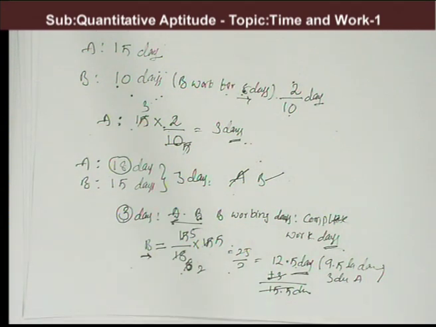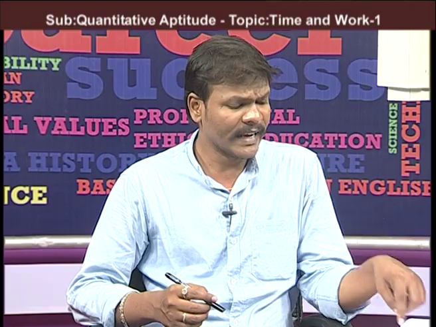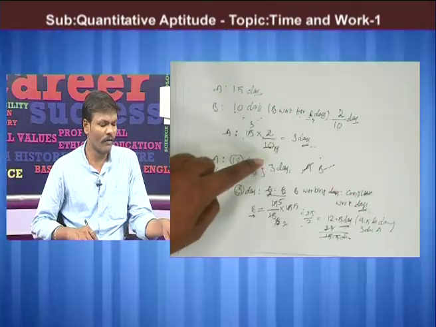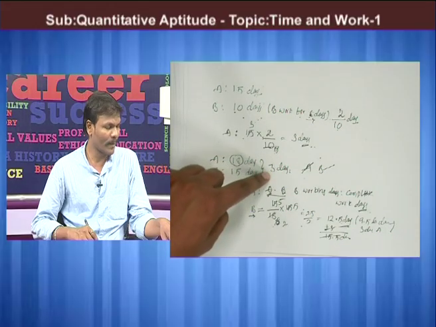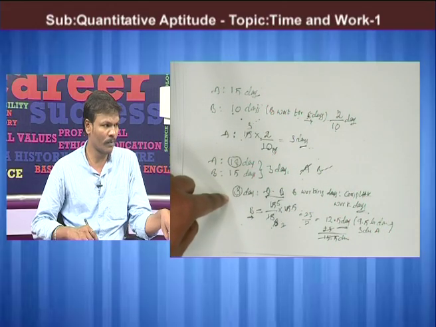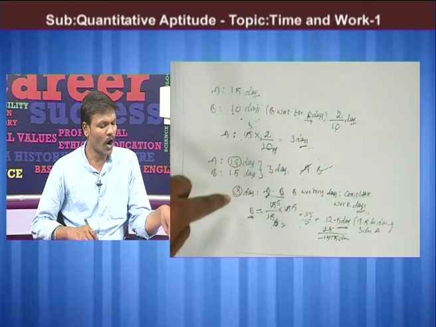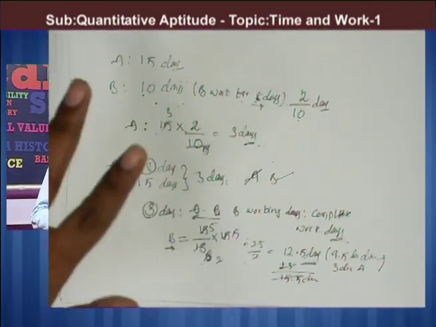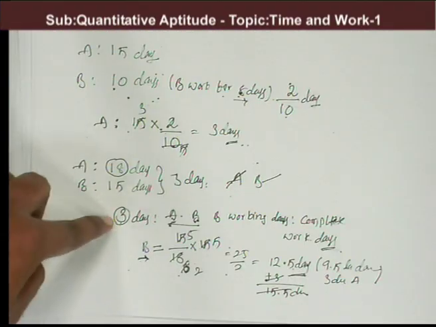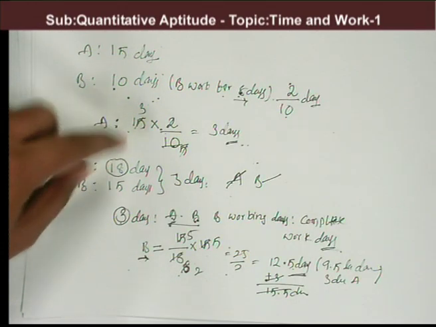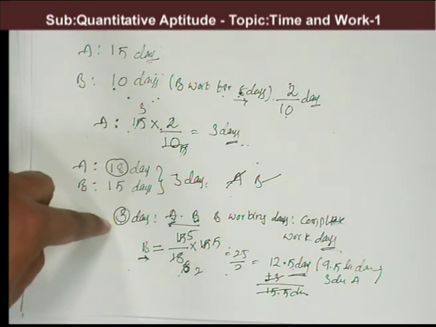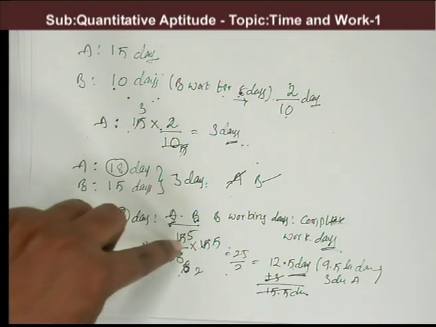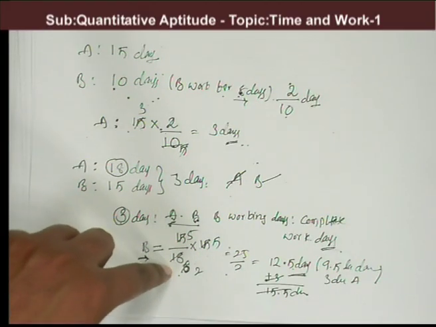So, in this question A left the job after 3 days, having started working together. When they start working together and one leaves the job, first you have to find out how much work he left. After 3 days, out of 18 days only 3 days of work is completed, the remaining 15 by 18 of work is left.